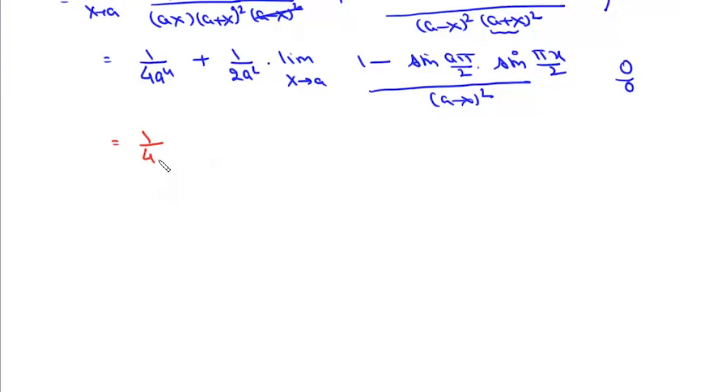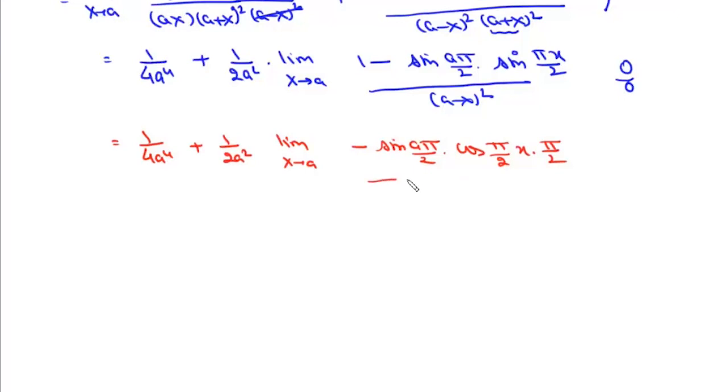1 upon 4a to the power 4 plus 1 upon 2a square limit x tends to a, and this is minus sine a pi by 2, and this is cos pi by 2x into pi by 2 upon 2 into (a minus x) into minus 1.